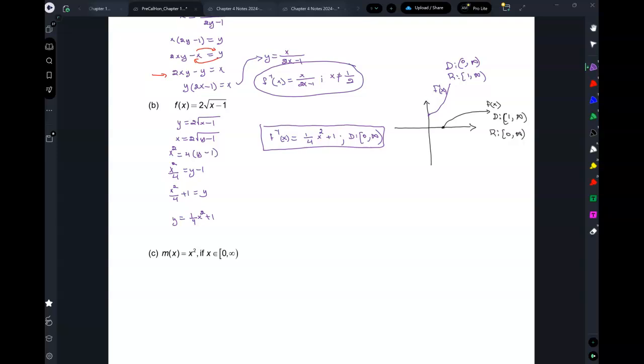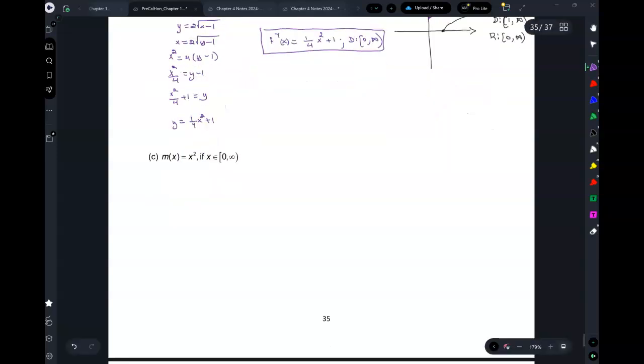Okay? All right. So here, this is m of x, x squared, but only from 0 to infinity. So here it's already restricted domain. Yeah, x is in the set of 0 to infinity.